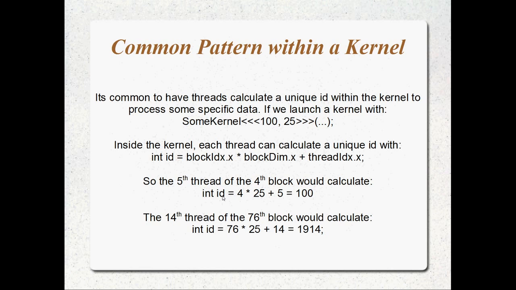In that way, we end up having a unique number. So the 5th thread of the 4th block could work on array element number 100. And at exactly the same time, the 14th thread of the 76th block could be working on array element 1914.